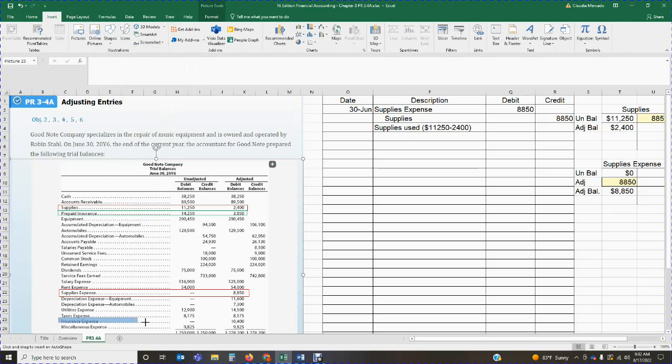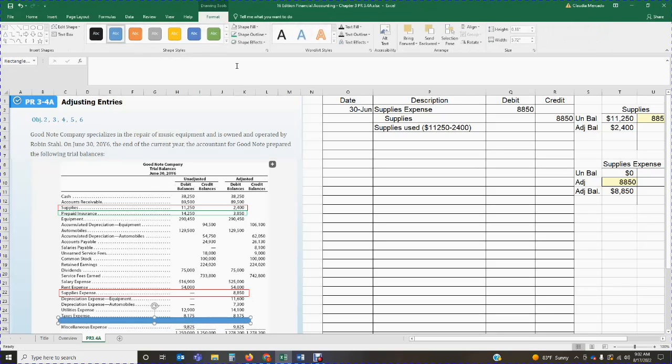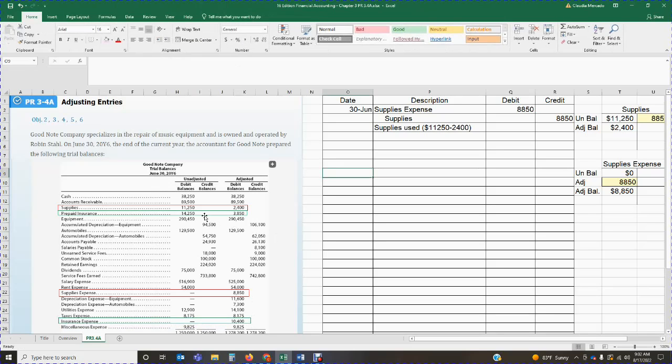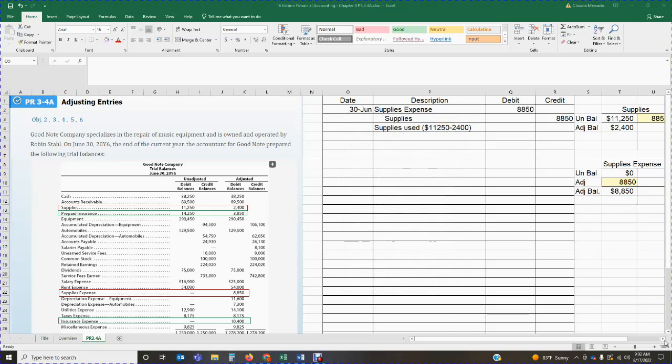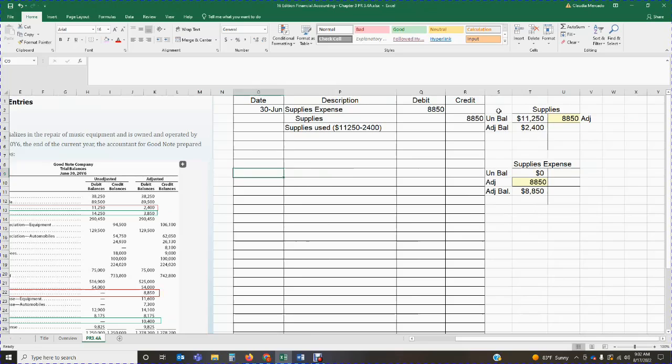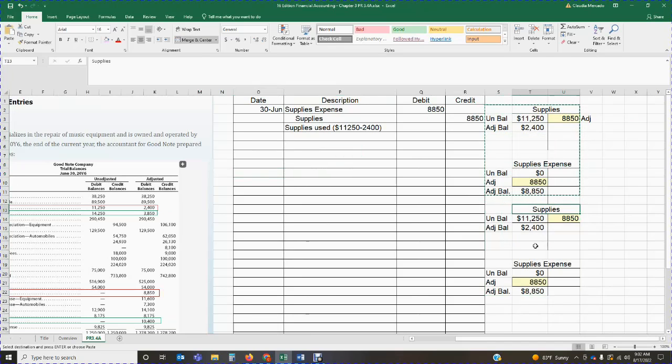We said that my insurance went from $14,250 to $38.50. That means that I used up $10,400 in insurance. So my prepaid insurance is going to decrease. We're basically doing the same thing. I'm going to do this one more time with you just so you can see, and then we can take it from there.